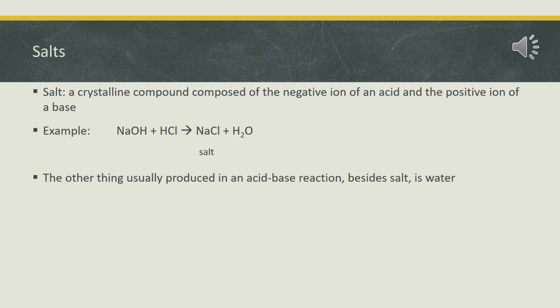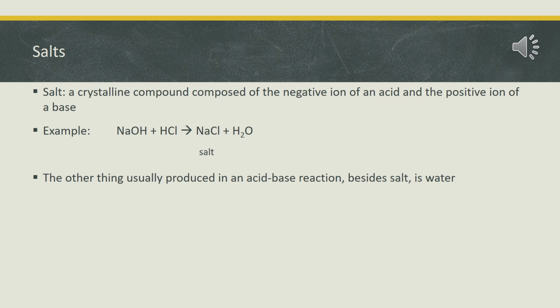We spent the last 13 slides talking about acids and bases. You may remember from the beginning, it was titled Acids, Bases, and Salts. And we're going to get to salts here, and it's really short. Salt is defined as a crystalline compound composed of the negative ion of an acid and the positive ion of a base. So if you look at our example there, I've got an acid and a base. NaOH plus HCl.